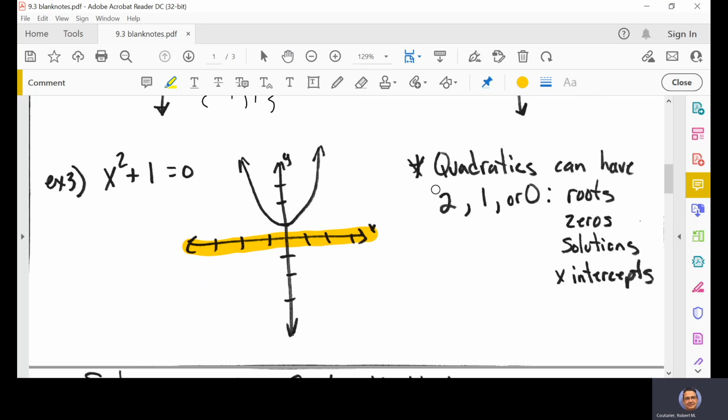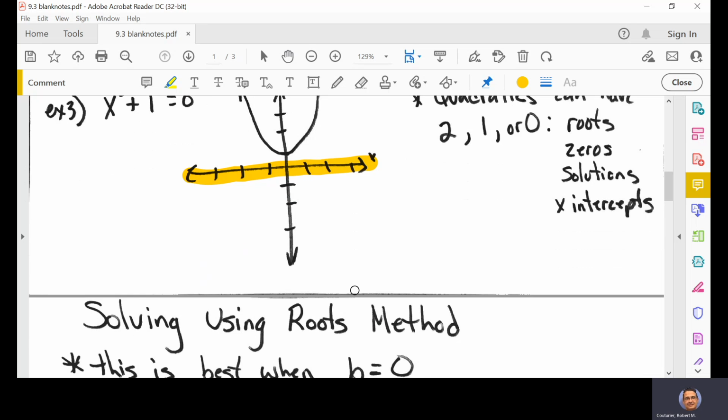So there are no real solutions to this particular graph. This is a complex situation, so we have complex answers. Don't worry about it right now. In algebra 1, we know there's no real solution to this particular equation. Again, we can have 2 solutions like the first example, one like the second, or none like the last.